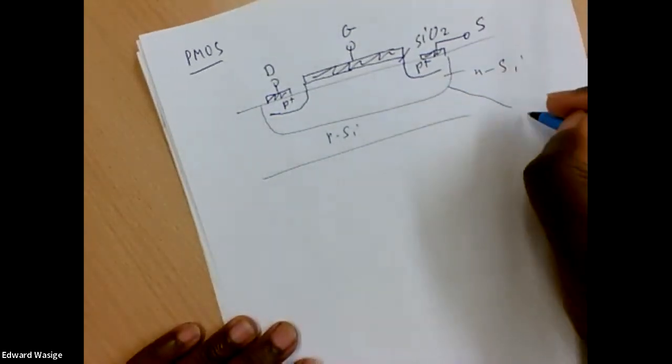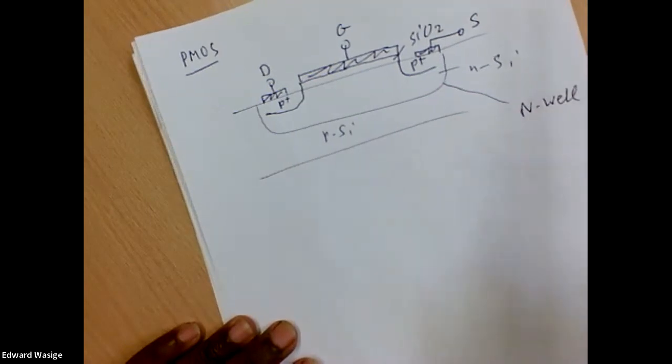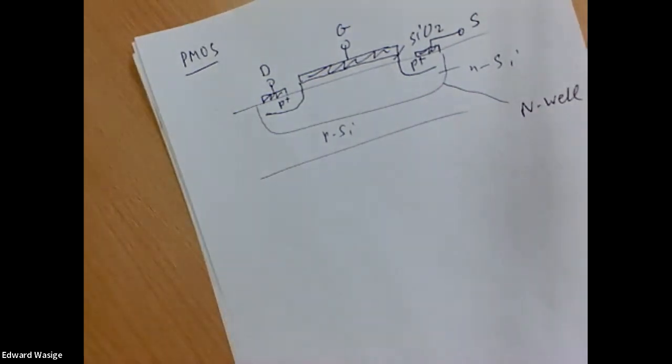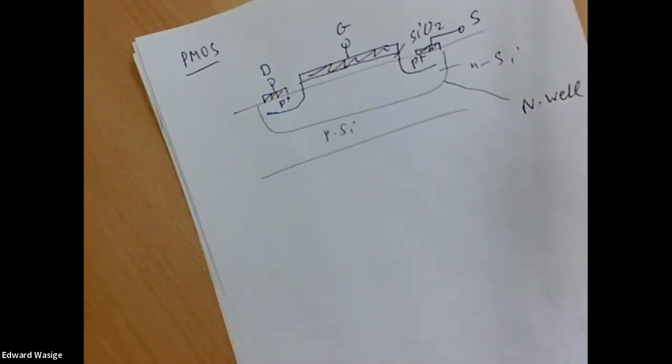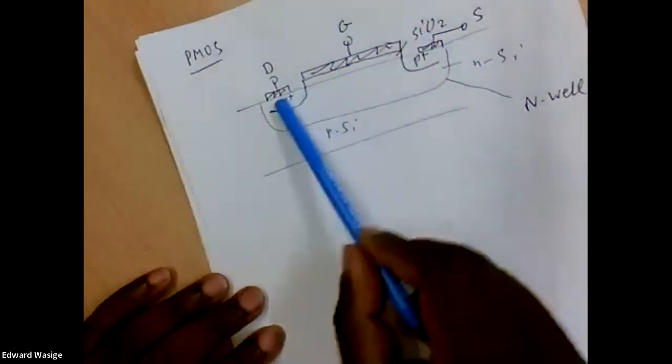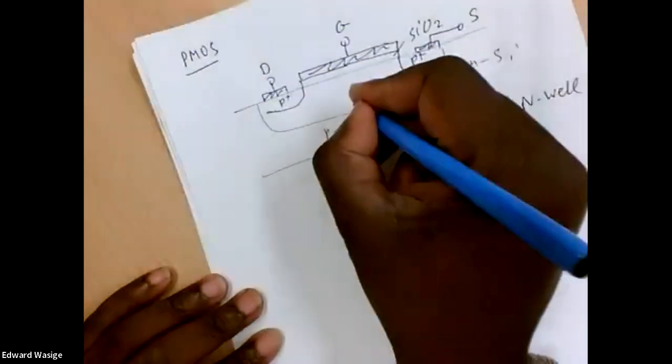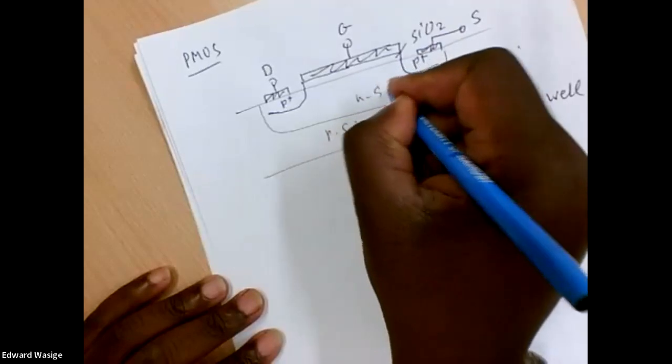You'll do this in the digital VLSI, but it's in your handout. This region, where we make a PMOS device, we call it an N well, or an N region. So this is the N silicon.